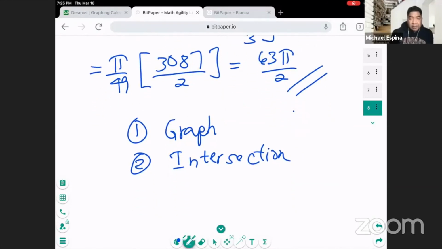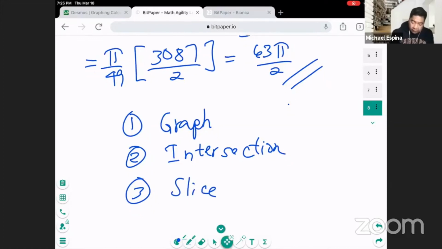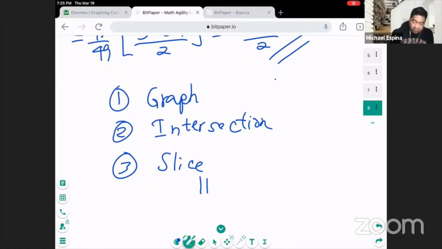And then what's the next step we did? We decided the slice. So we have to pick a horizontal slice, which is your dy, or a vertical slice, which is your dx.